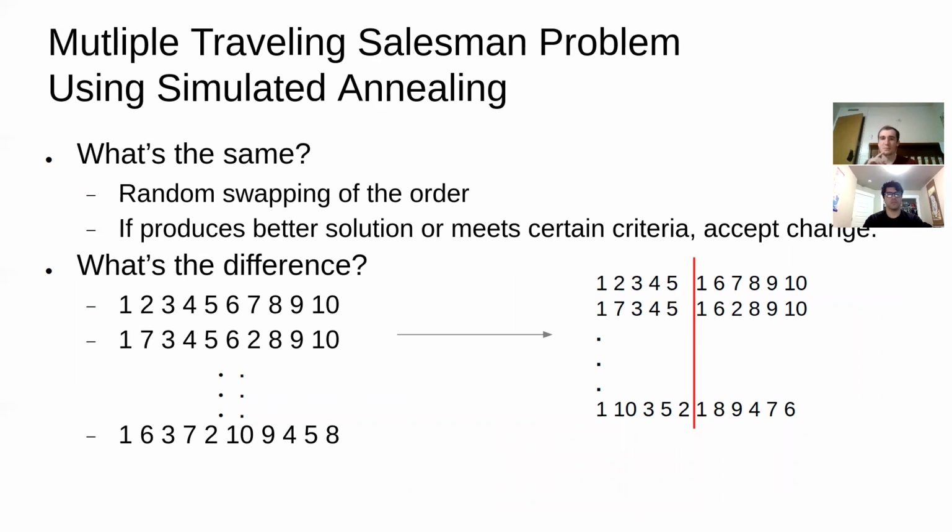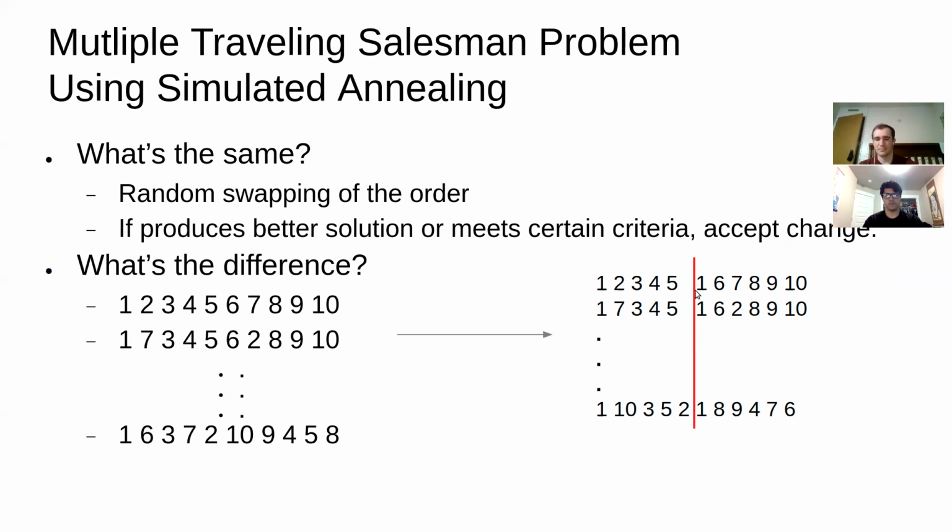The multiple traveling salesman problem is really similar. I really wanted to keep the simulated annealing because it made sense to me, and so I modified it to work with multiple traveling salesmen. You basically just add the first node to the middle of your list of nodes.